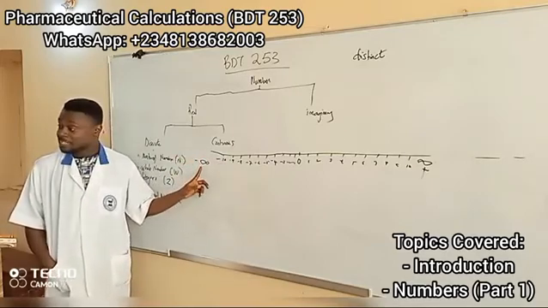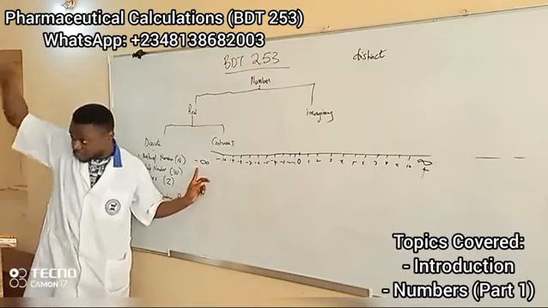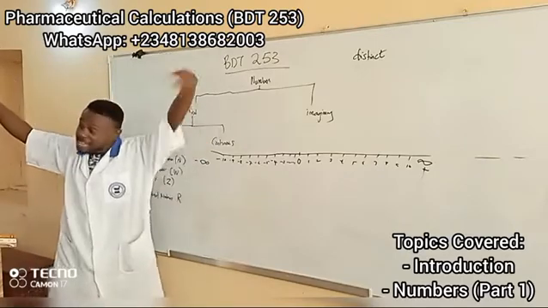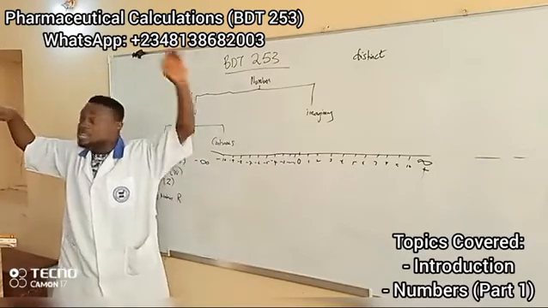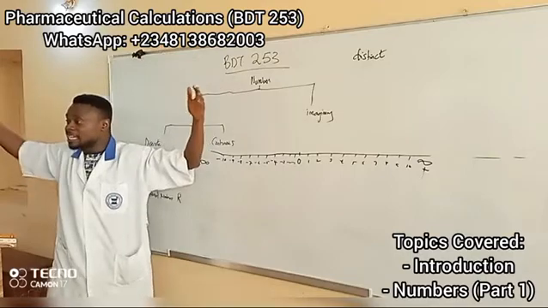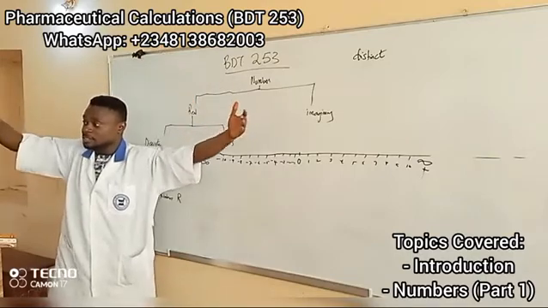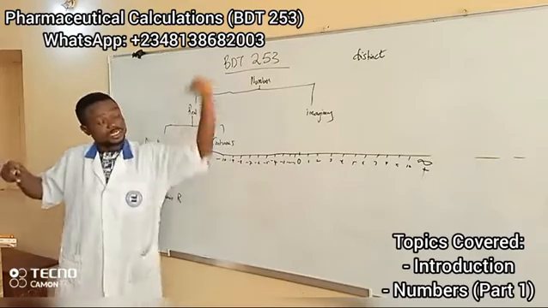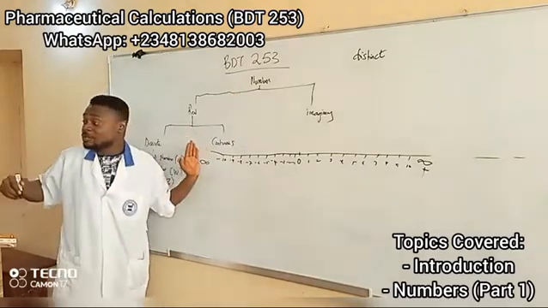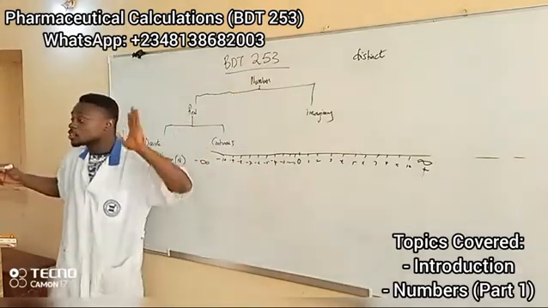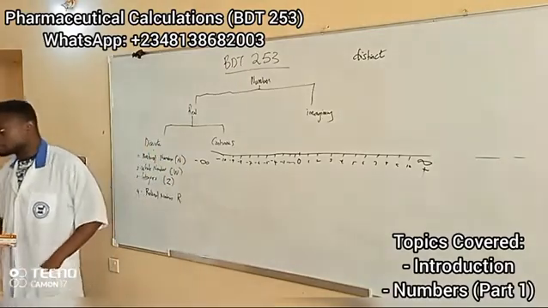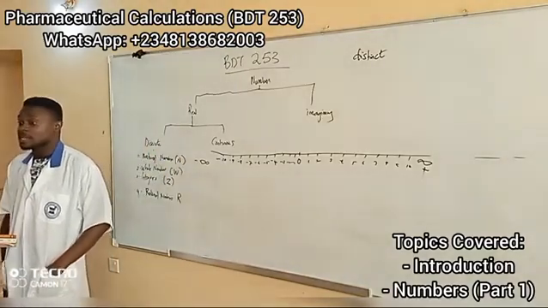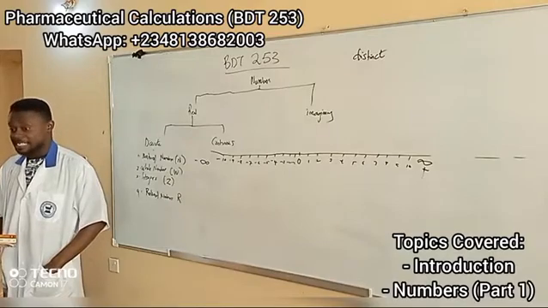You know what I mean by negative infinity: the end of the negative side that you can never say where it ends. That's what I mean by negative to positive infinity. All the numbers you are seeing on the number line from here to there are integers.